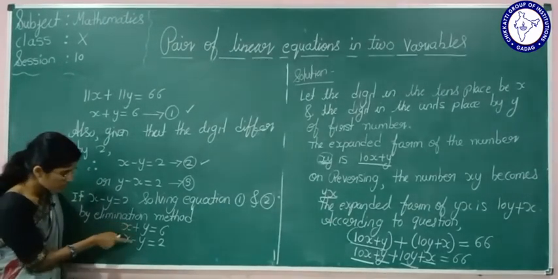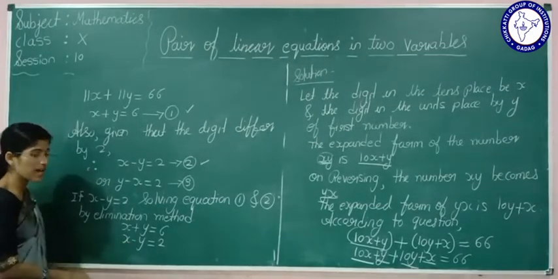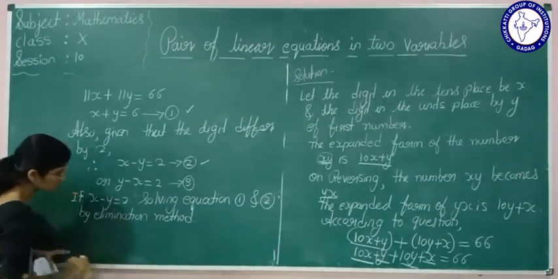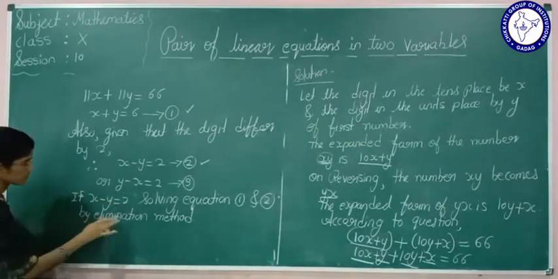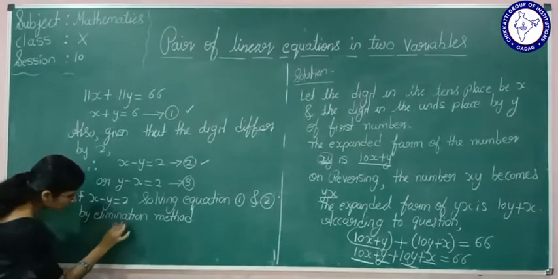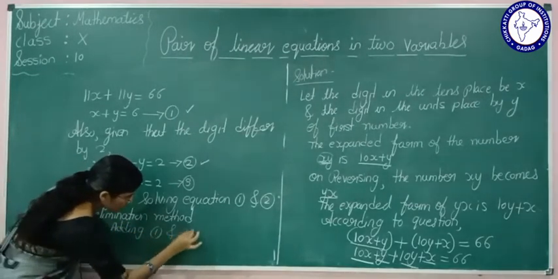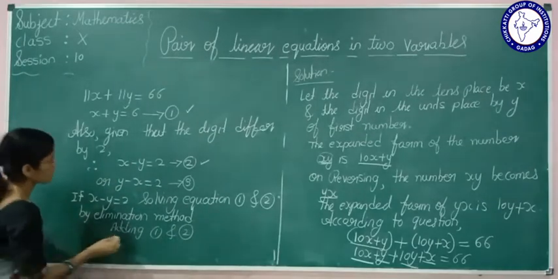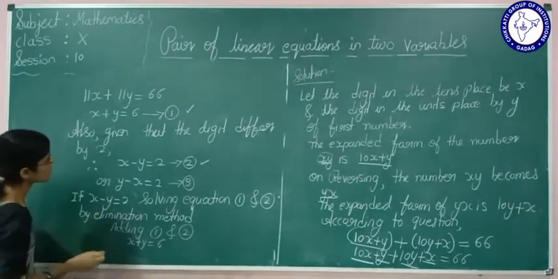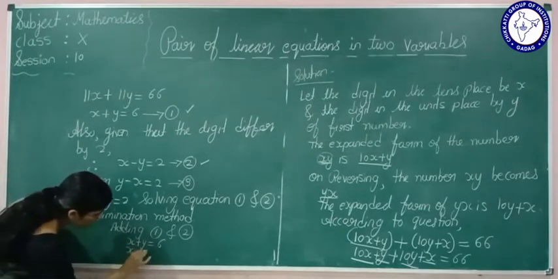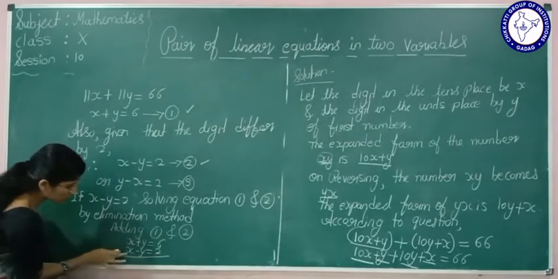Now see here, opposite signs are there, which means we are going to add equation 1 and equation 2. Adding 1 and 2: x plus y is equal to 6, x minus y is equal to 2. If you add, there is no need to change the signs.